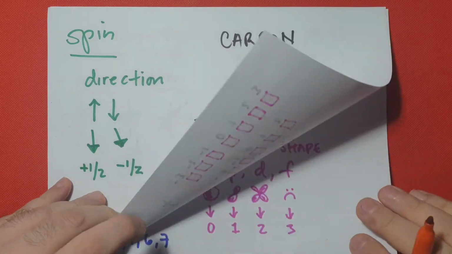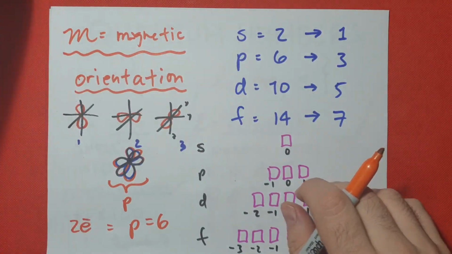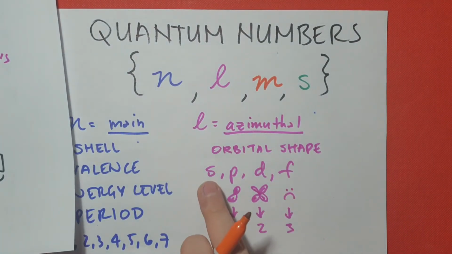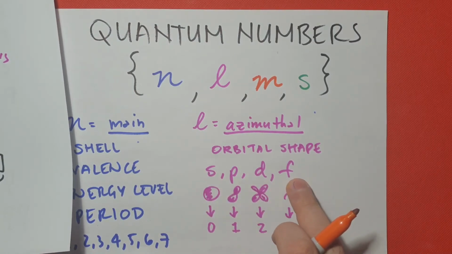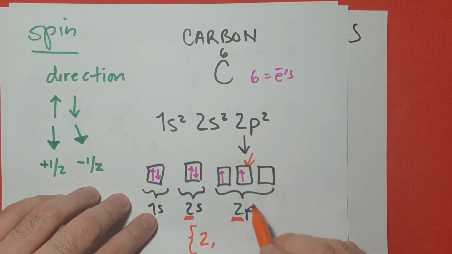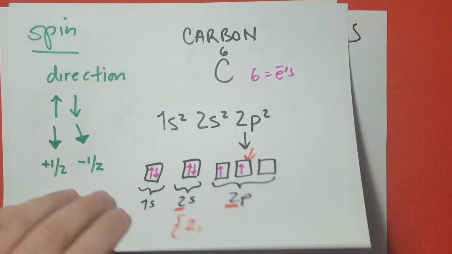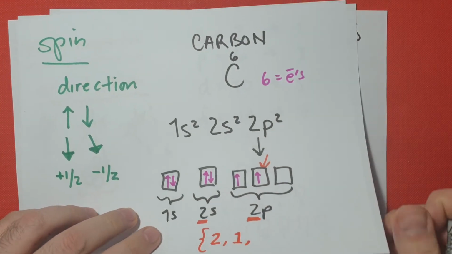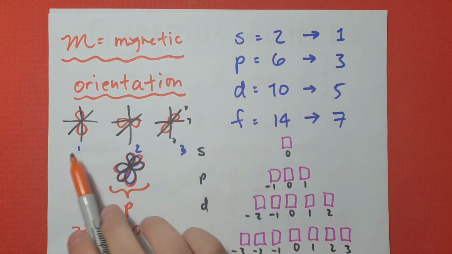Then for the second number, which is the azimuthal quantum number, we need to see if we're on an s orbital, p orbital, d orbital, or f orbital, right? So in this case, we are on a p orbital, and we know that p is always number 1. So we just write number 1, okay? Comma. Next is the magnetic quantum number, that as we spoke, is 3 orientations.